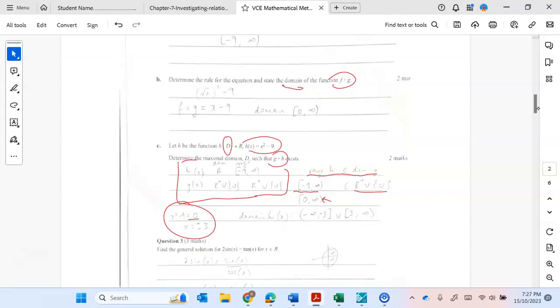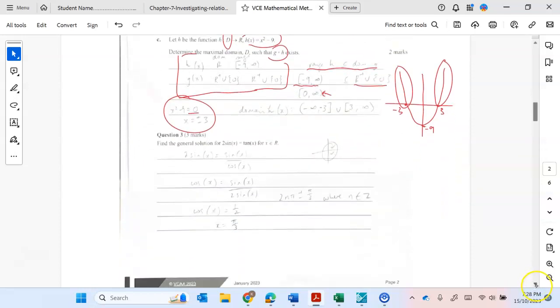So they are included, so that's why we're going from -infinity to -3 and including 3, and then from 3 to infinity. So if you think of your parabola, all right, it's shifted down to -9, and here is -3, and here is 3. So basically we just want this part above the graph.